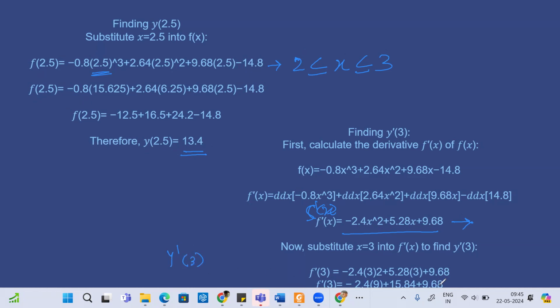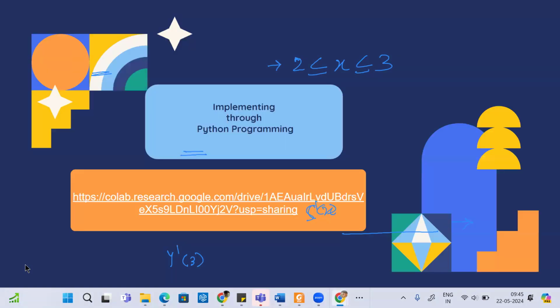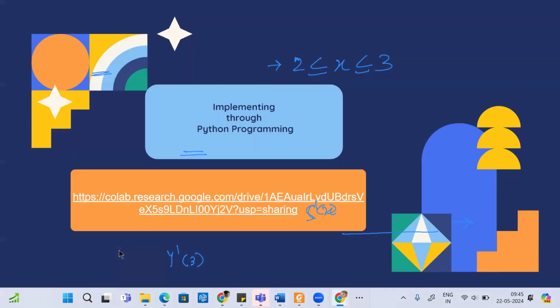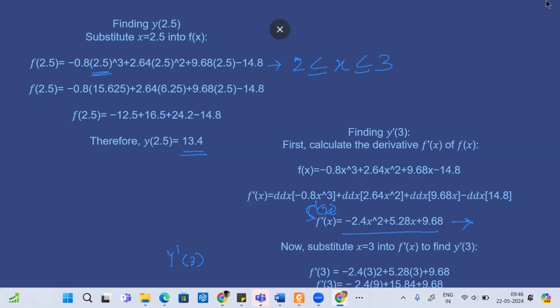Just put the value of 3 in that equation, and we get the value of y dash of 3 is equal to 9.4.